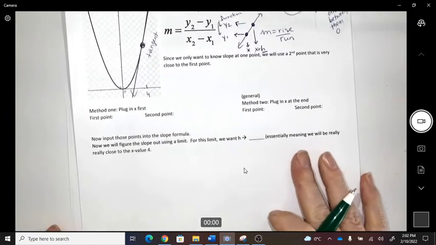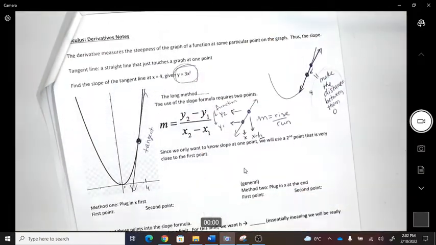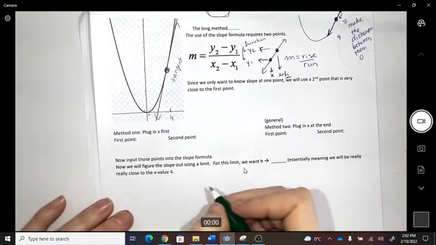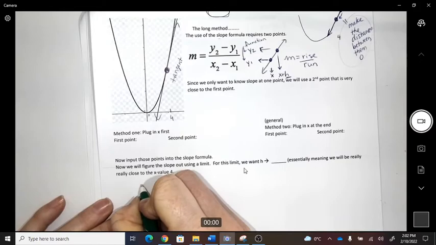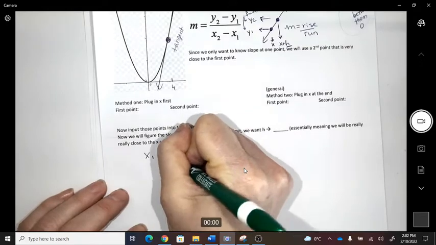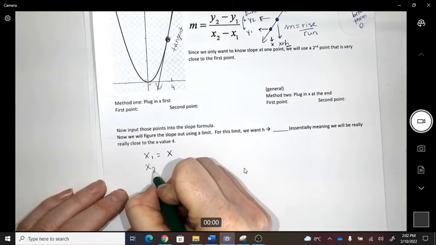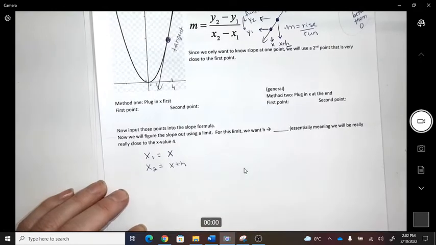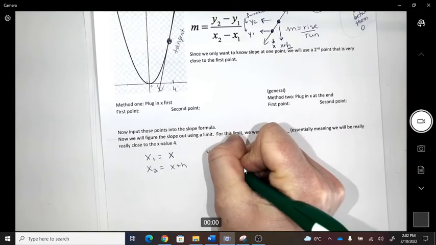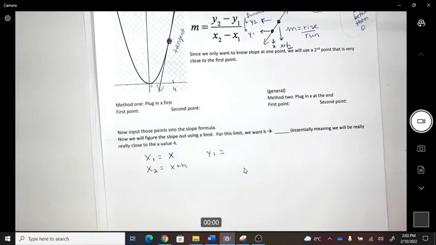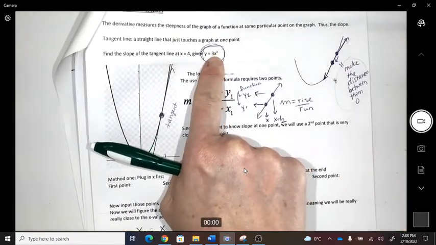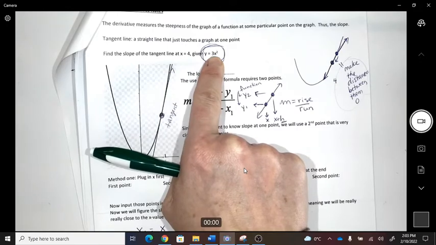Okay, so here's my equation. Y equals 3x squared. Okay, so the first x is just x, and the second x is x plus something. The y1 is equal to whatever this is, so 3x squared.